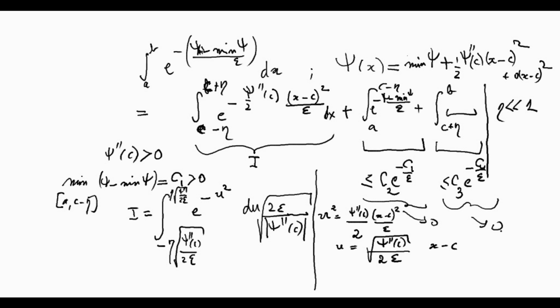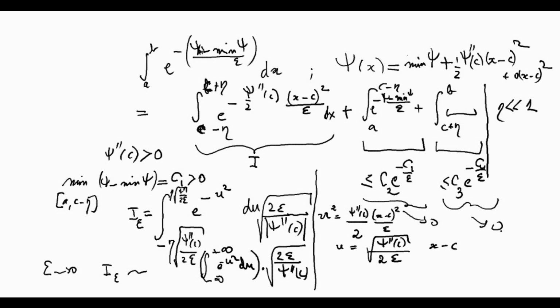And now we know, so this is a term that depends on epsilon, and as epsilon goes to 0, it behaves like the integral from minus infinity to plus infinity of exponential minus u squared du, times the square root of 2 epsilon over psi second c. And this integral from minus infinity to plus infinity of exponential minus u squared du is by definition the earlier integral, which is square root of pi.